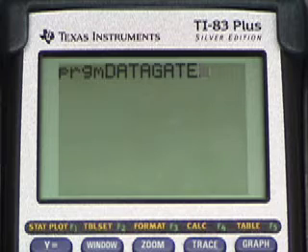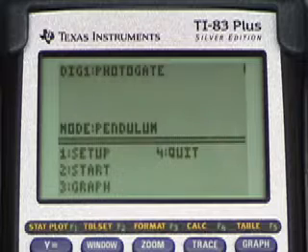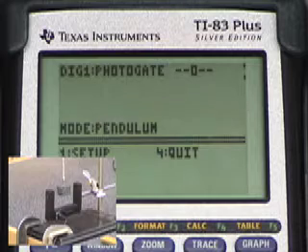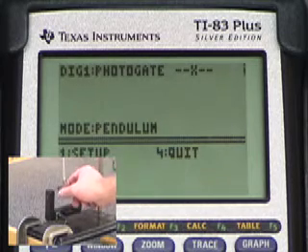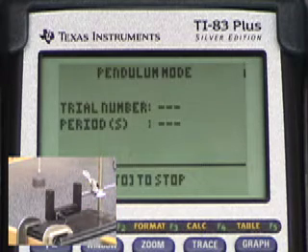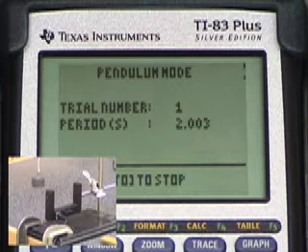Now, this is the program that will be used to measure the period of the pendulum. So for trial 1, we pull the pendulum back, release it, and we'll measure the period of the pendulum for 3 complete oscillations.